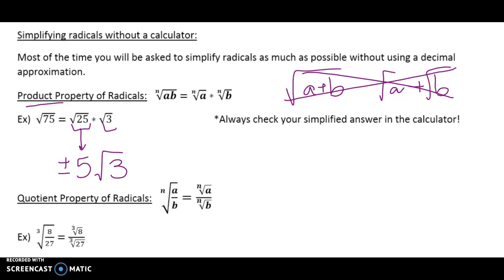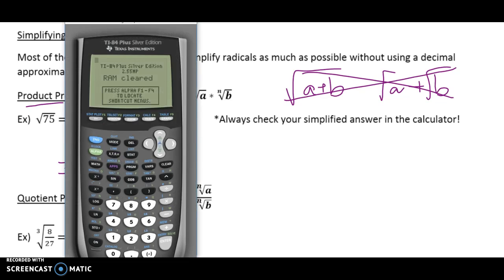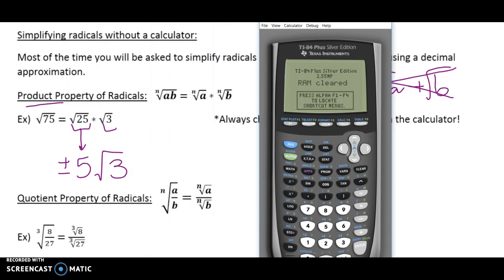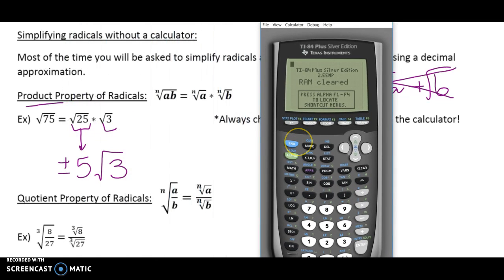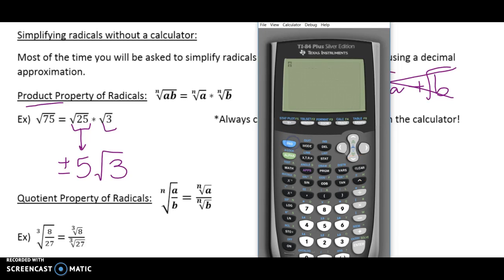If you put square root of 75 in your calculator, you should get 8.6-ish, and you do 5 square root of 3. Those should match.